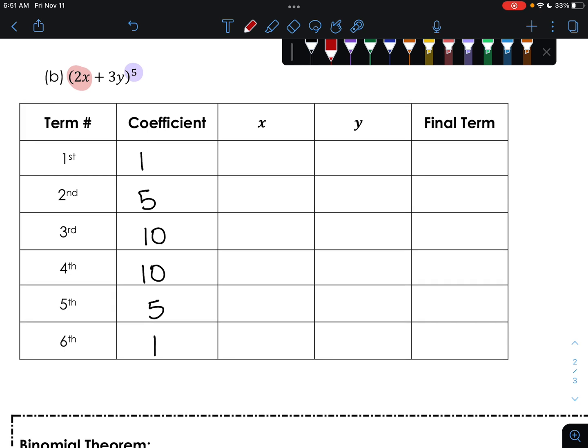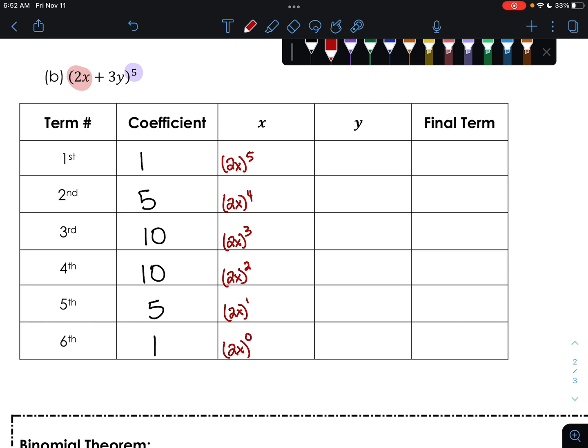So this entire 2x is going to the 5th power, 2x to the 4th power, 2x to the 3rd power, 2x to the 2nd, 2x to the 1st, and 2x to the 0 power.